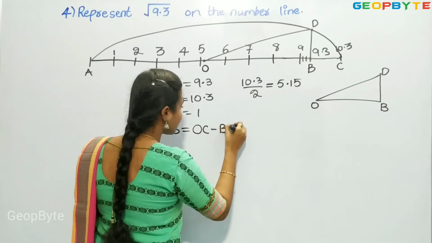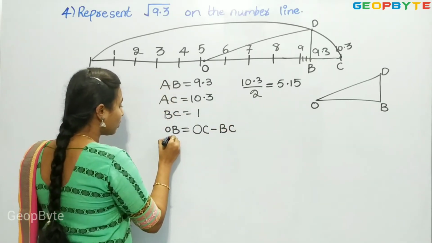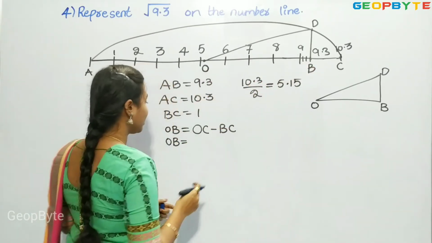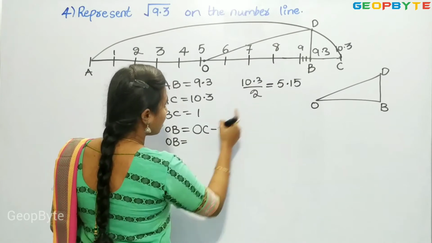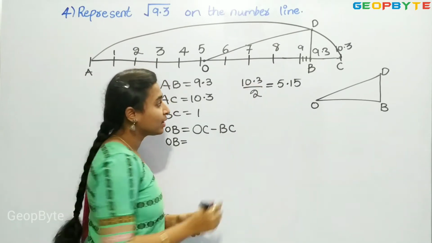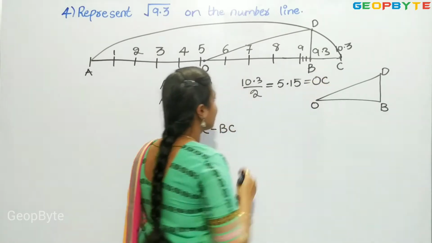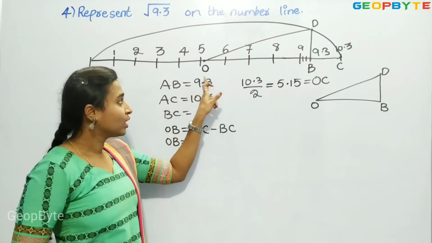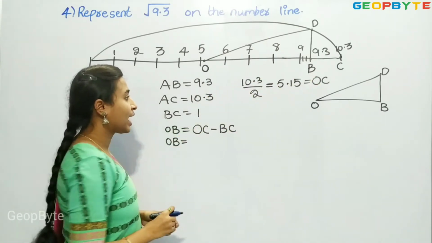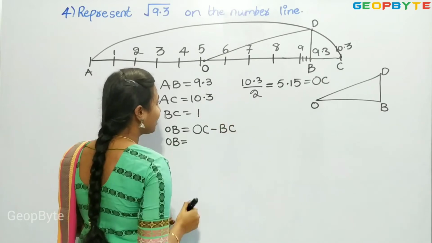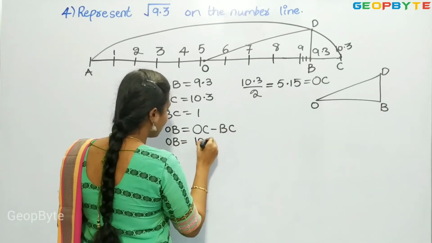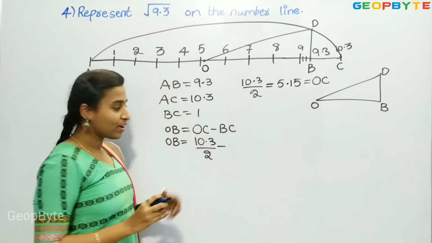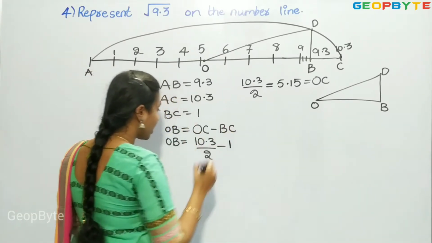Now OC is our radius, since with OC as radius we have drawn a semicircle. We have 5.15 or 10.3 by 2. So 10.3 by 2 minus BC, which is 1.